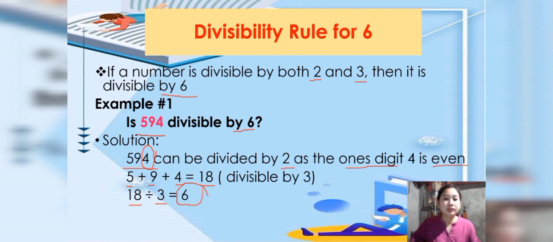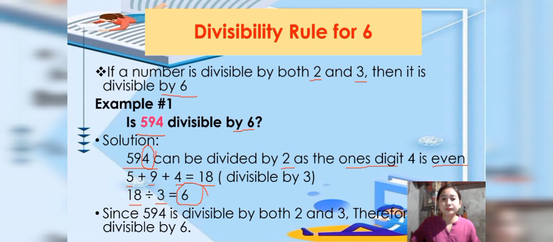Therefore, it is divisible by 3. Since 594 is divisible by both 2 and 3, therefore 594 is divisible by 6.